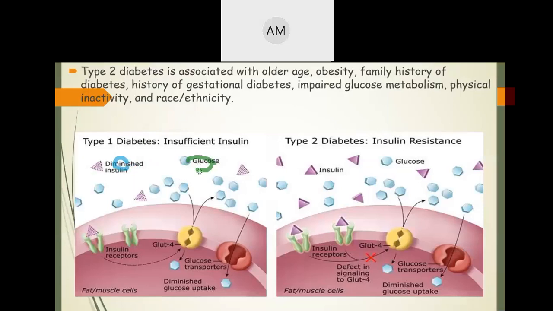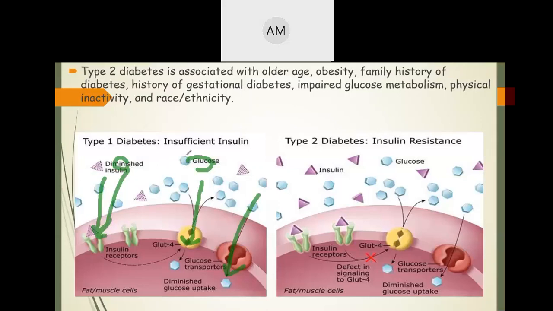In order for the glucose to come inside the cell through these GLUT4 receptors or transporters, there are glucose transporters here. In order to come in, the insulin has to bind with the insulin receptors. In order for these doors to open and the glucose to come inside the cells, we need insulin, or the keys, to bind to the receptors, or the locks, to open these channels.